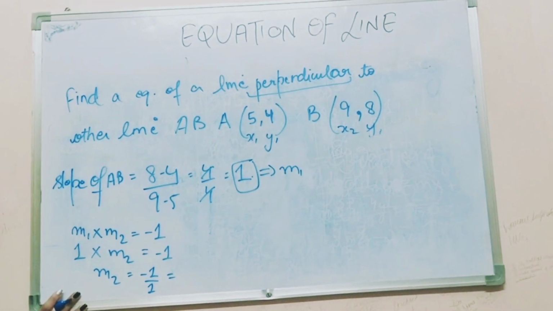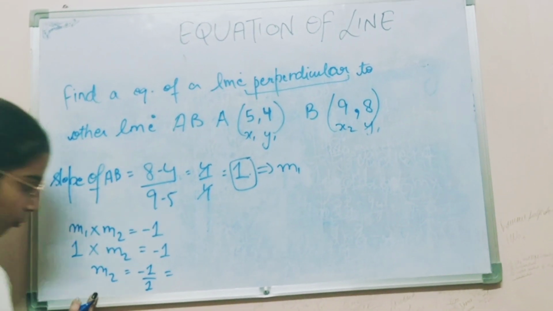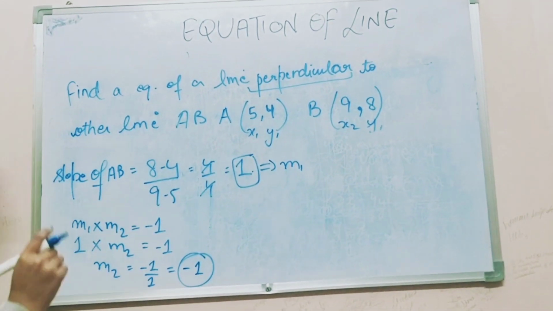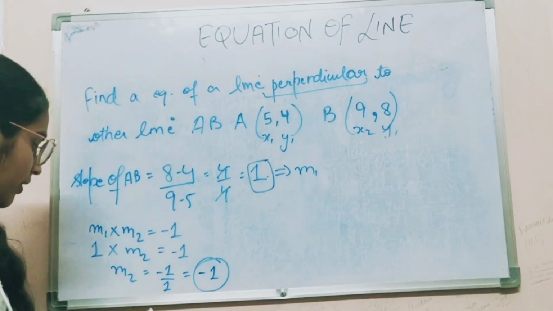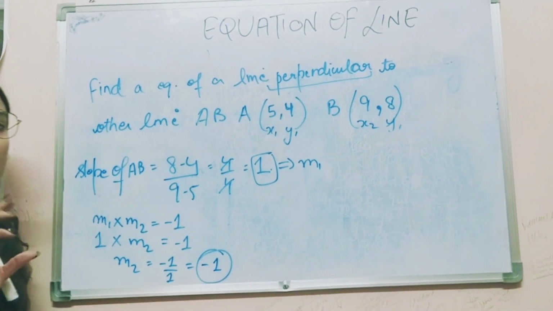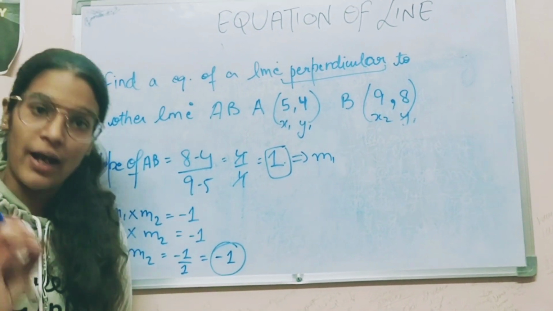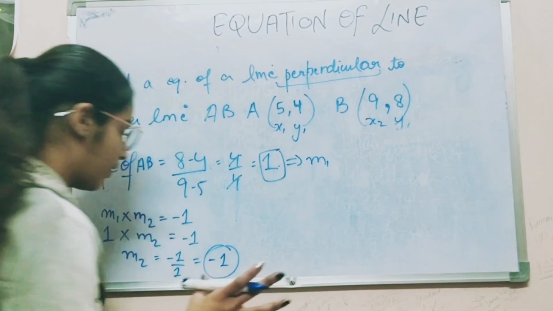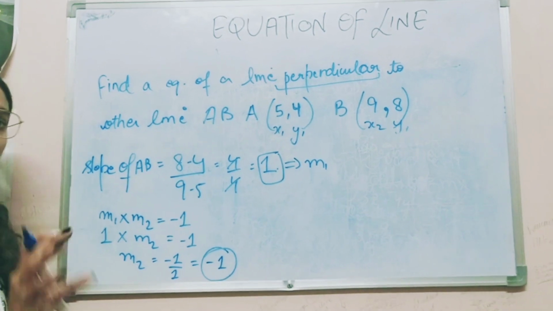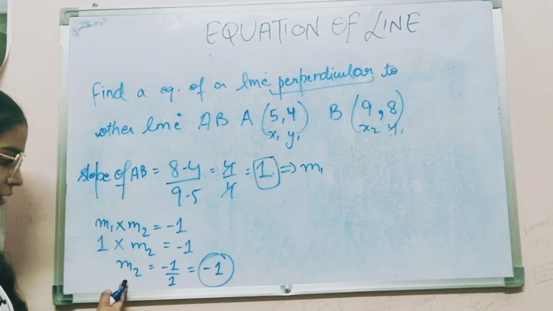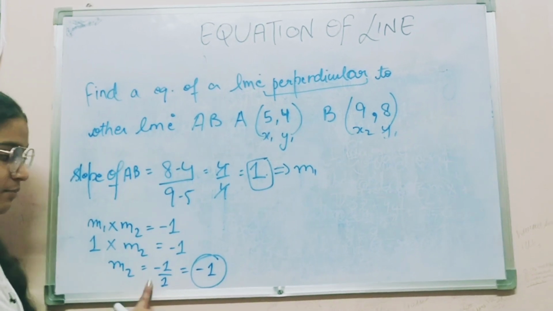So the slope m2 is minus 1. Guys, by chance we are having the value of m2 as minus 1, but in the questions it would probably not be minus 1 only. Sometimes we may get different values, so do it accordingly. It's not that every time we are going to get the value as minus 1. So here we are having the value of m2 as minus 1 only.